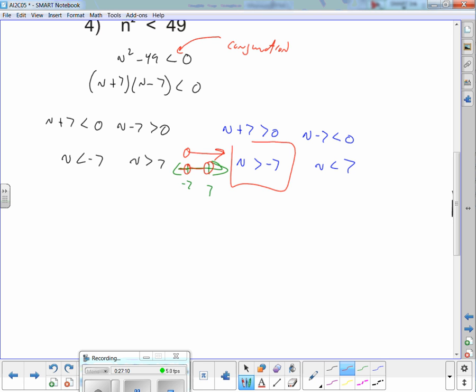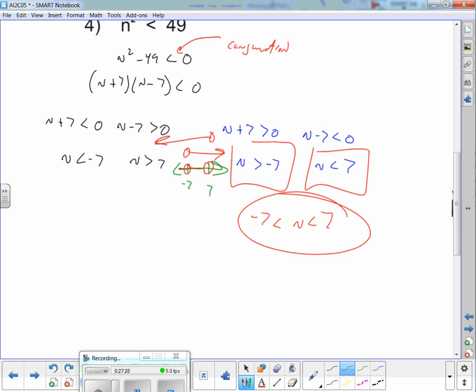And which one's got to be the one with the 7? It's got to be this one because it's got to be going that way, right? It's the only way you get the interval. Now remember how to put those two together. Piece of cake. It's easy.